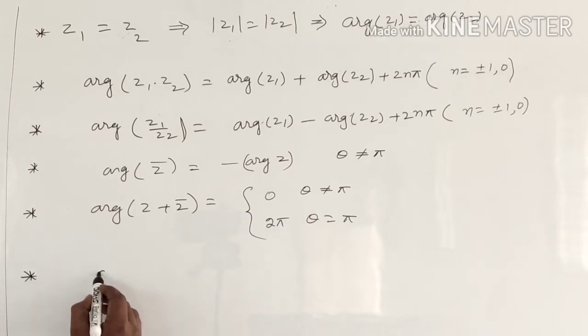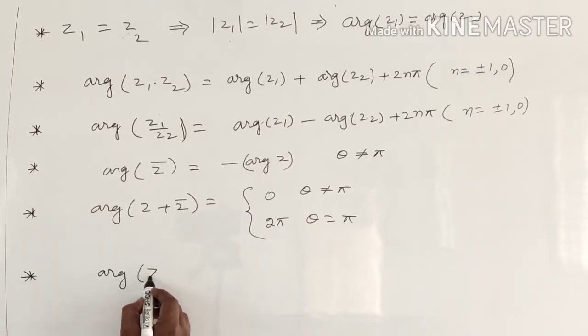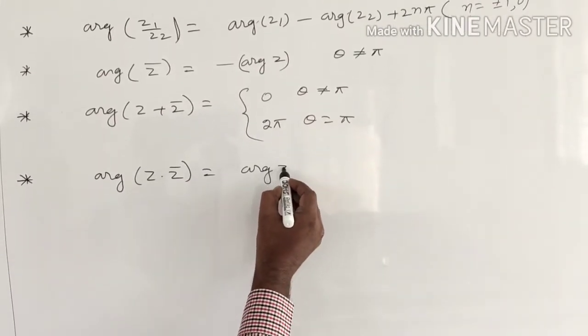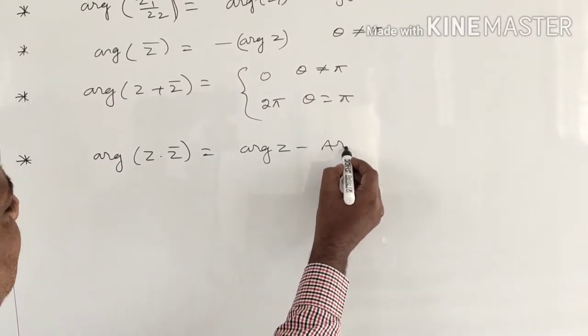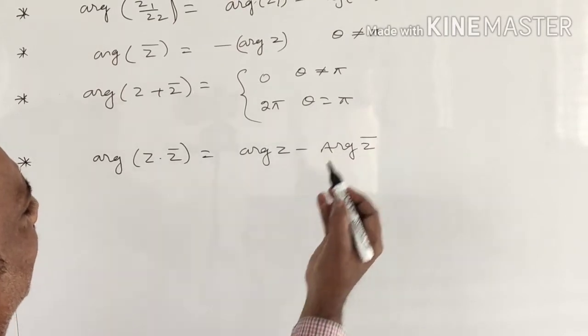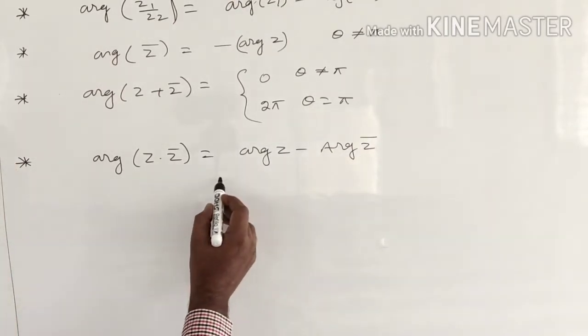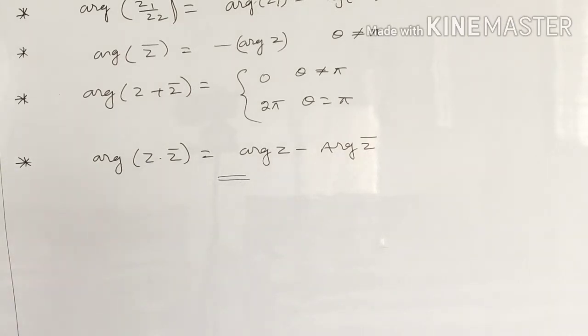Next one is argument of Z into Z bar, that is equal to argument of Z minus argument of Z bar. So just remember a few more properties. These are the properties of argument of a complex number.